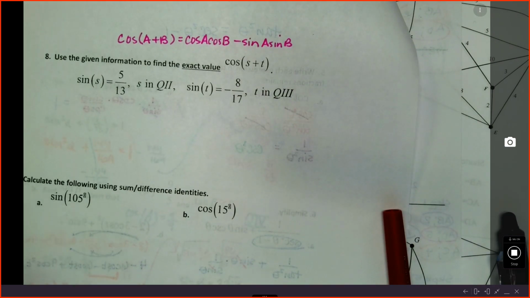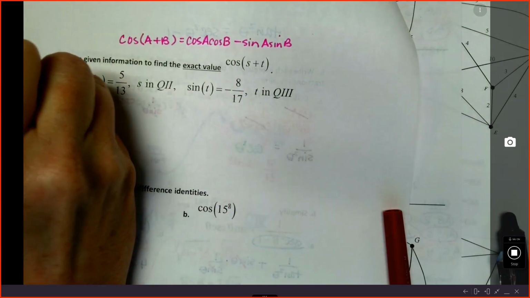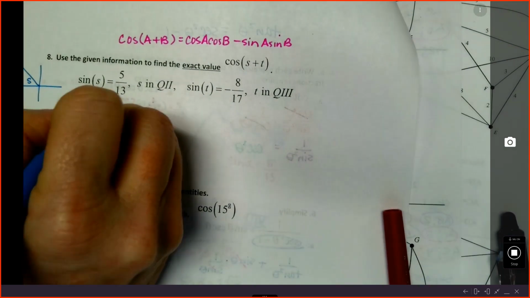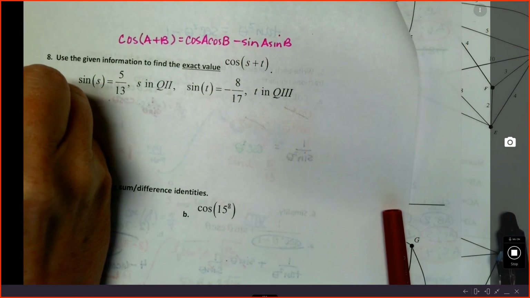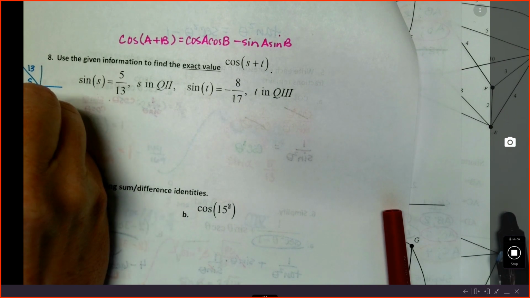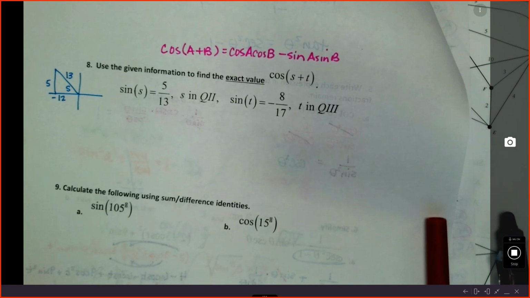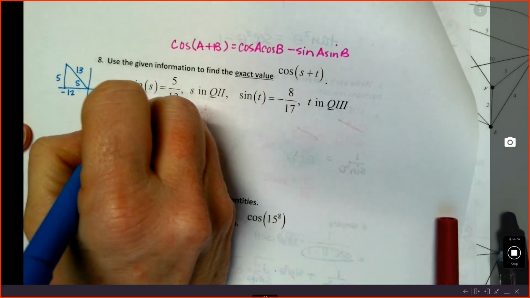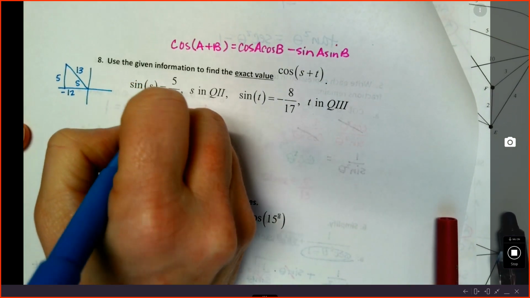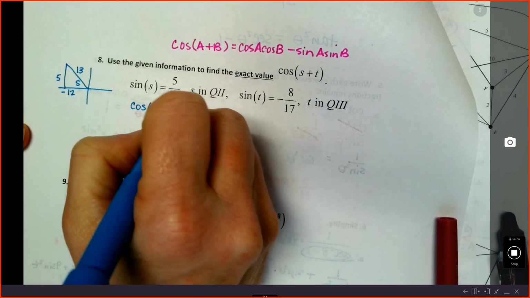Build a triangle. And this time they were nice and told me where the triangles are. This one's in quadrant 2, so opposite over hypotenuse. It's a 5, 12, 13. The 12 is negative because it goes into the quadrant, which means cosine of S is negative 12 over 13.